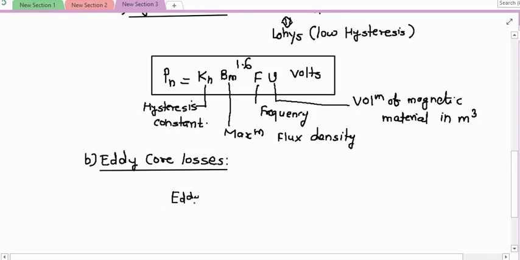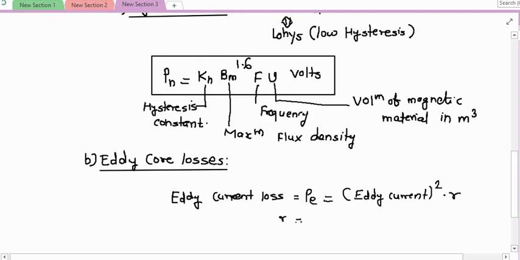And that eddy current loss is given by Pe, which is equal to Ie square r, because obviously these currents are producing heat in the transformer core. What is small r? This small r is the resistance of the core.